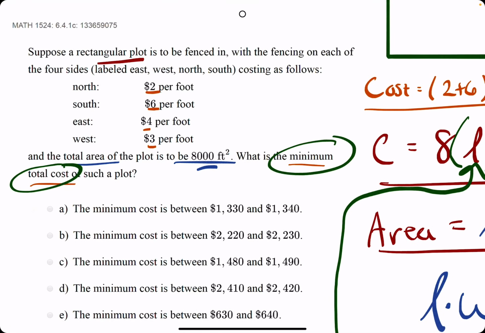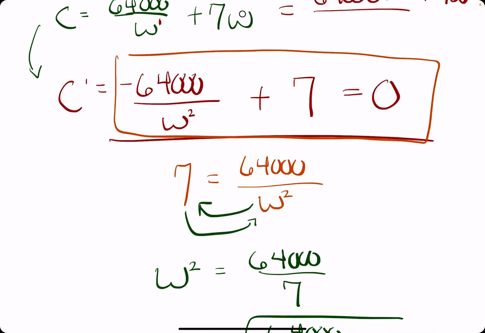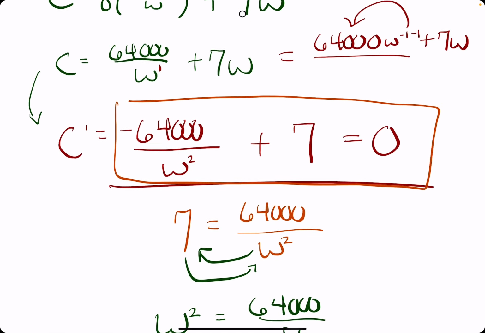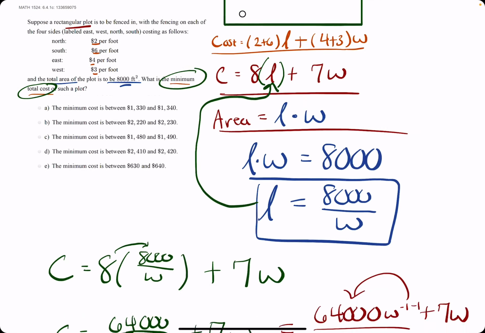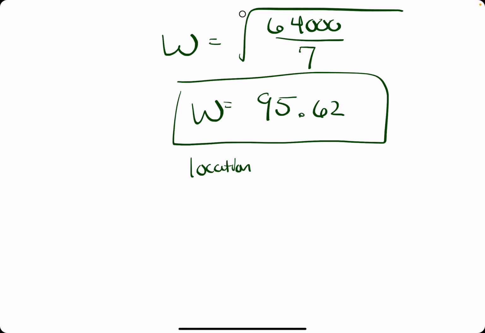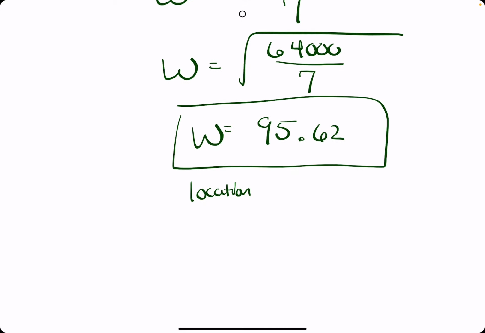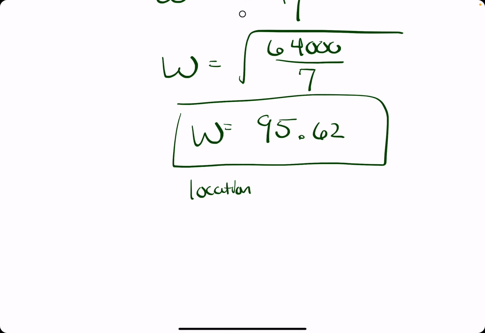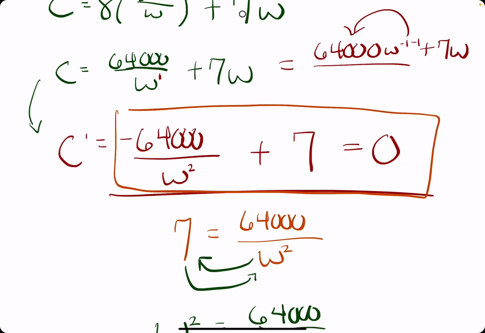So naturally, it'll be the minimum of the function we are looking for. If they were instead, like in the other problem, asking for max area, it would be the width of the max area. We don't necessarily have to check whether it's a max or a min. It's sort of a waste of time in these problems. So we can assume that this is the location of the minimum cost. In other words, this is the width for which the minimum cost occurs.